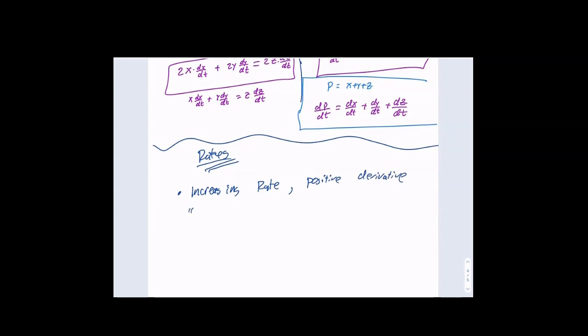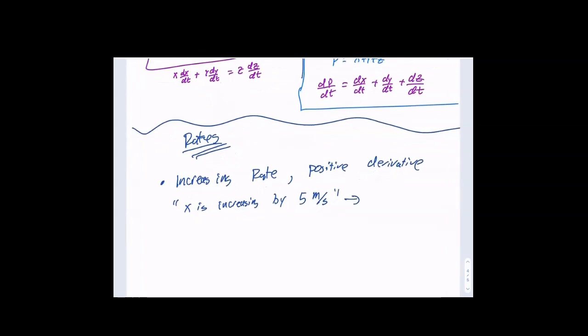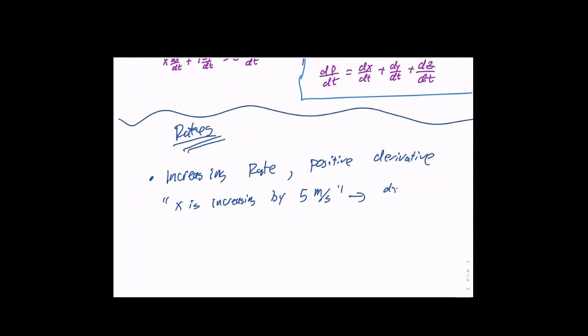So if x is increasing by 5 meters per second, then what is that telling me? If I tell you x is increasing by 5 meters per second, what have I told you? Slope. The slope, but we call this dx/dt is equal to positive 5.